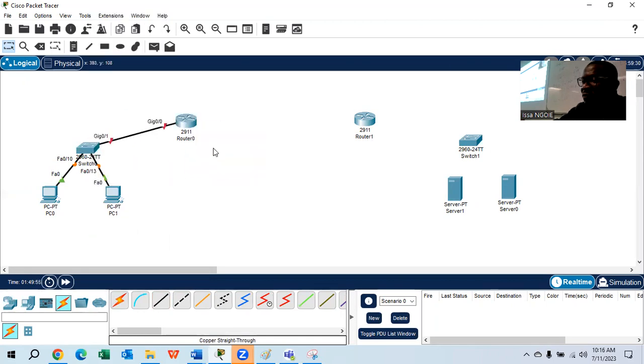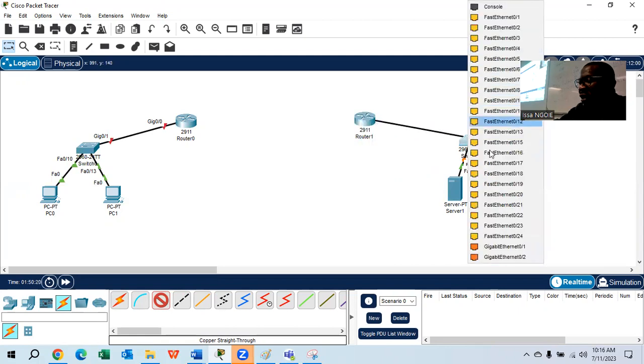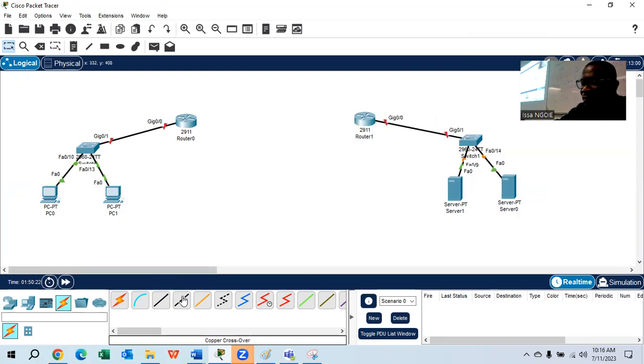Most of the time, especially from the router to the switch, use what I used. You can see from the router, it's gigabit 0/0. Okay, I can take any, 0/1, and here I can take 0/2.